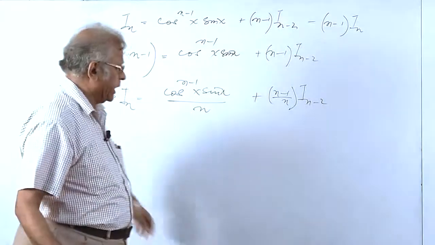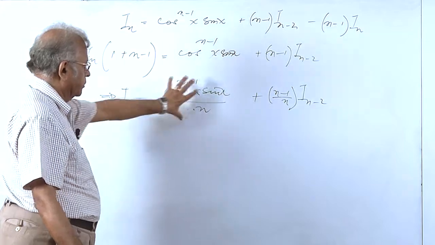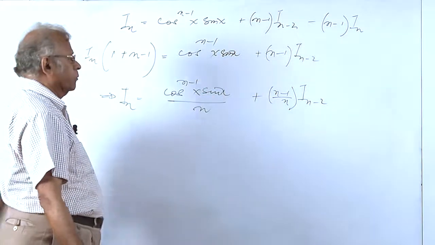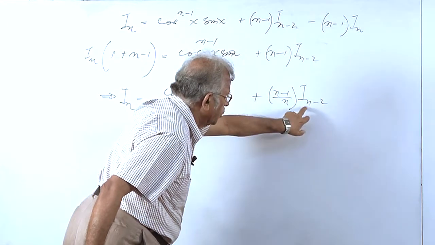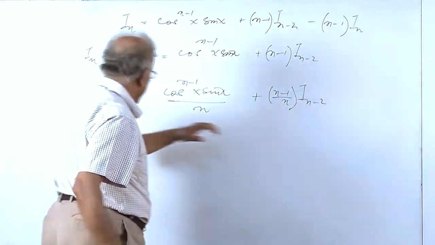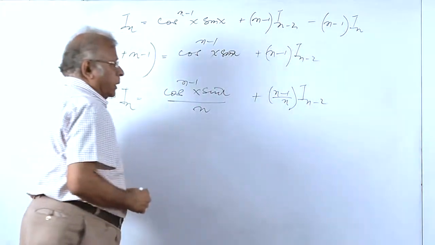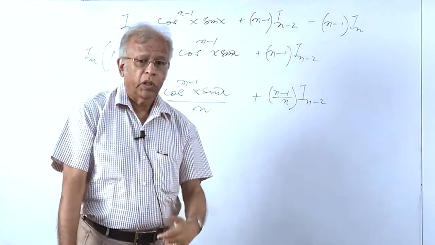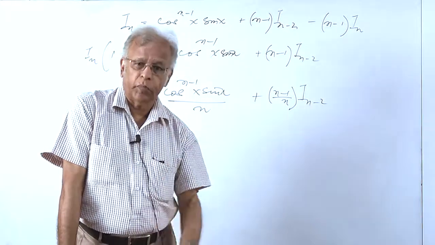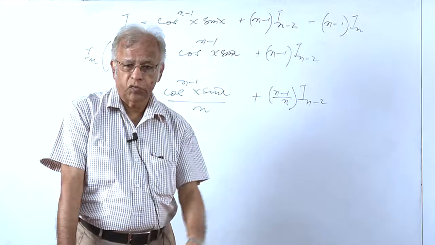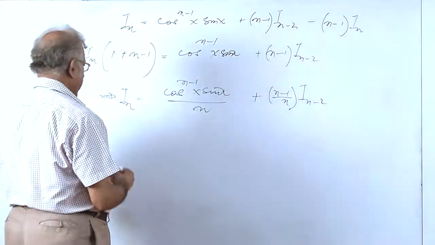So we see that I sub n depends on, of course this term is common, plus this factor into I sub n minus 2. So I sub n depends on I sub n minus 2. Now we will invoke limits and see how we can also apply the reduction formulae to get integrals with limits.